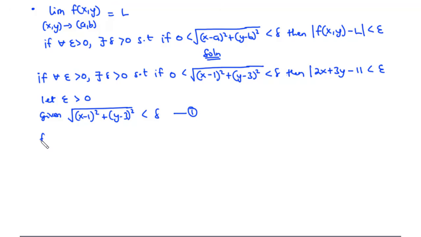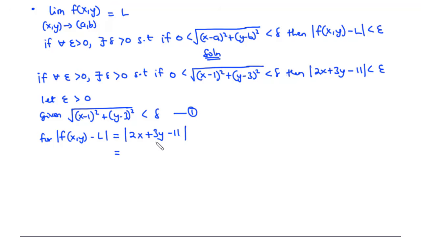Next, for the absolute value of f of xy minus L, now this is equal to that. So here we are supposed to have the bars on both sides, so that's equal to the absolute value of 2x plus 3y minus 11. And let's try to work on this.